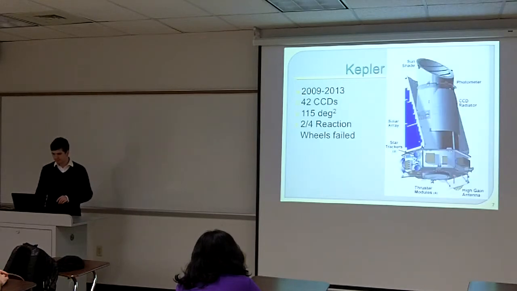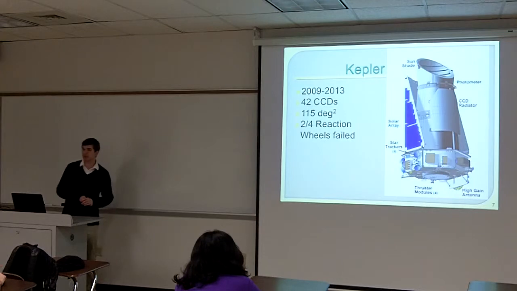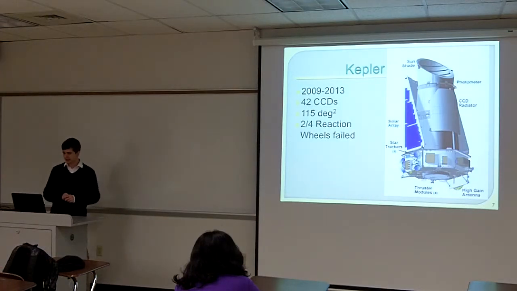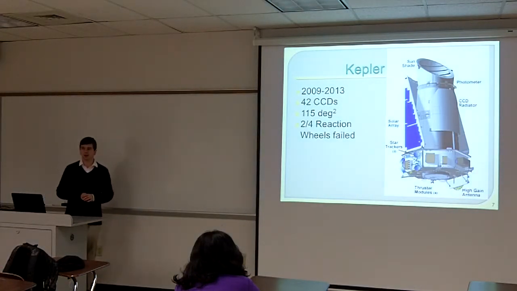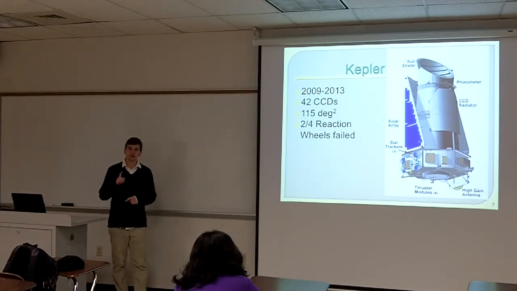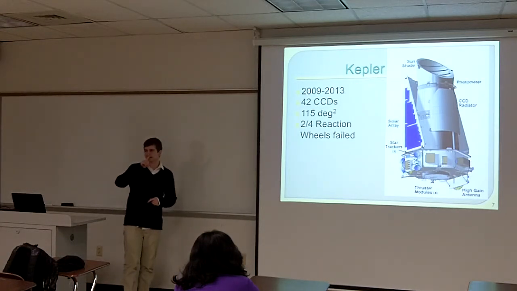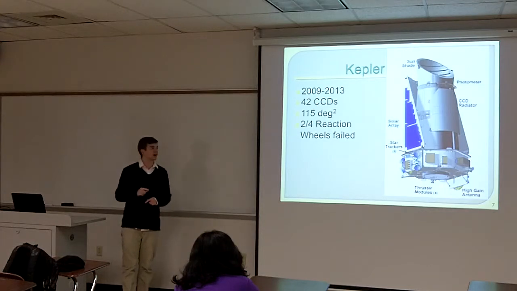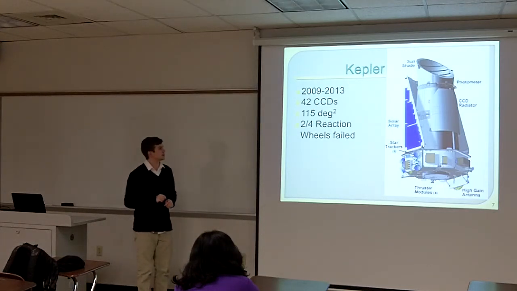So, as I said, Kepler was launched in 2009 to detect Earth-like planets in the Milky Way. It was designed to orbit in an Earth-like orbit and to look towards the galactic plane at one very particular region.